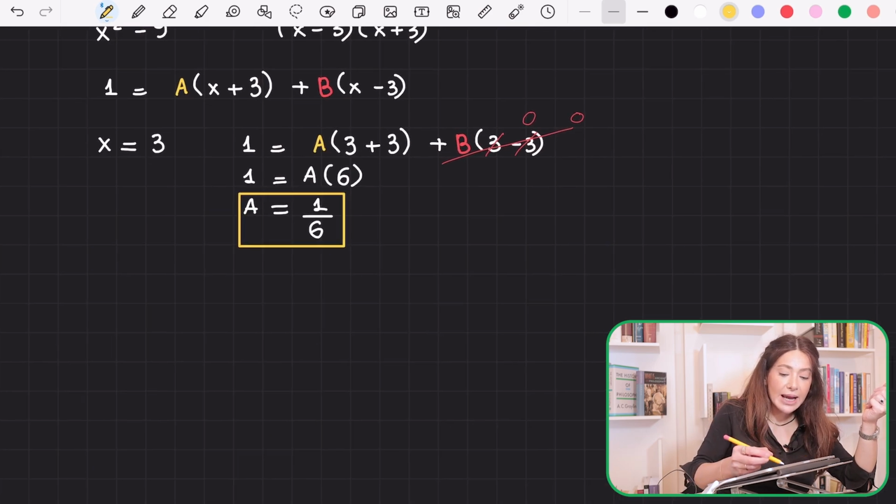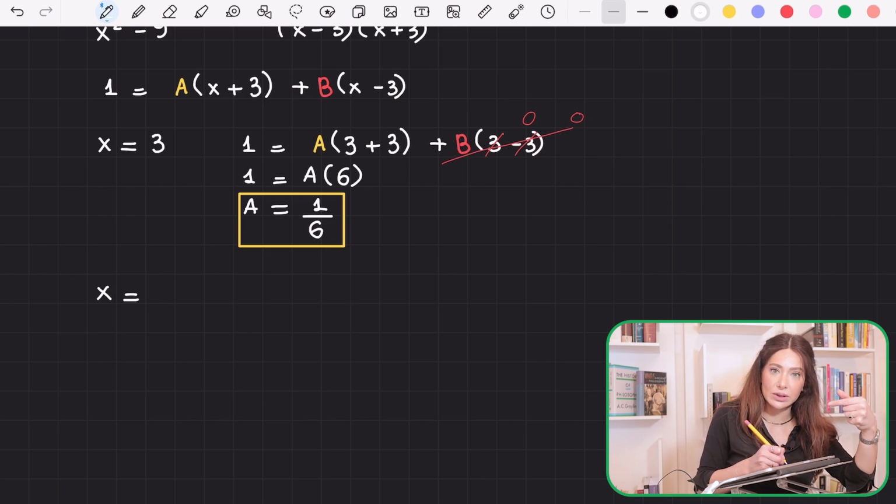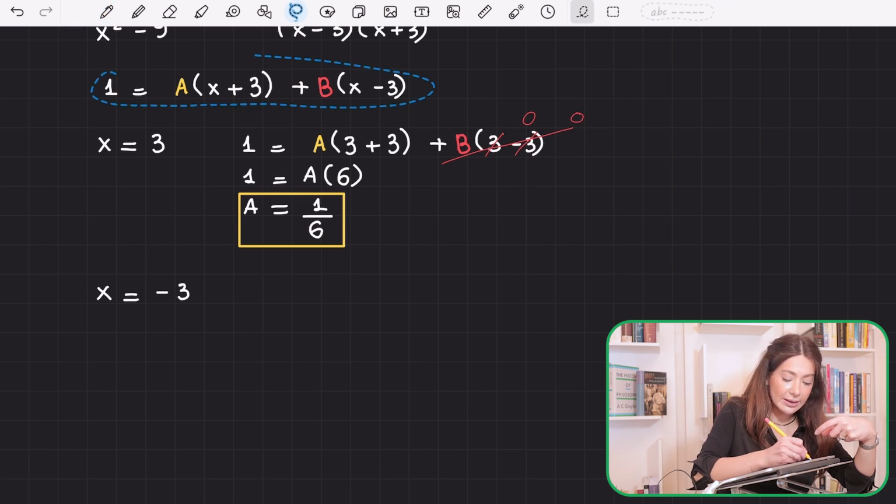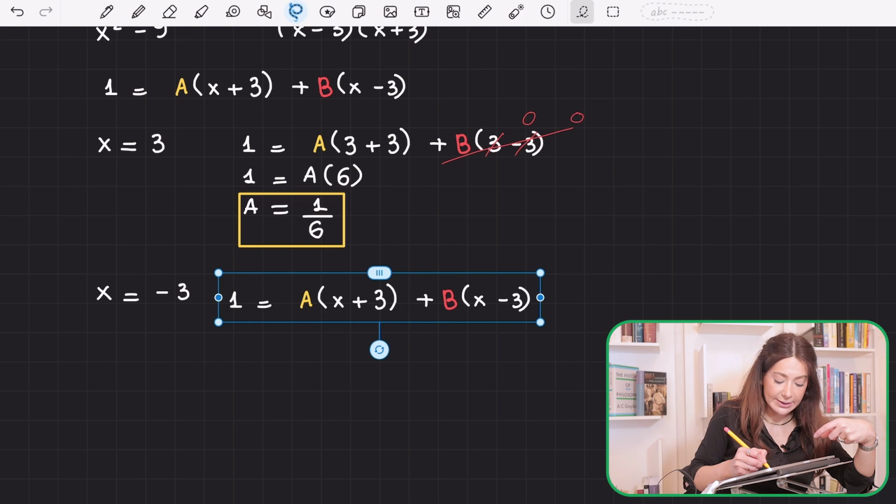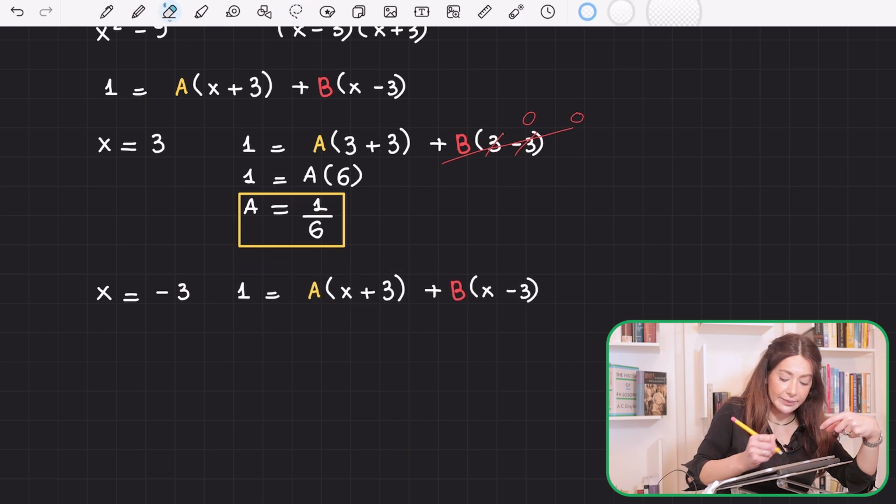With the same type of thinking, what can I allow x to equal so that I eliminate the A term? Well, -3 will do that. So anywhere you get this relationship, copy paste it or rewrite it. And in this case, allow x to be -3.